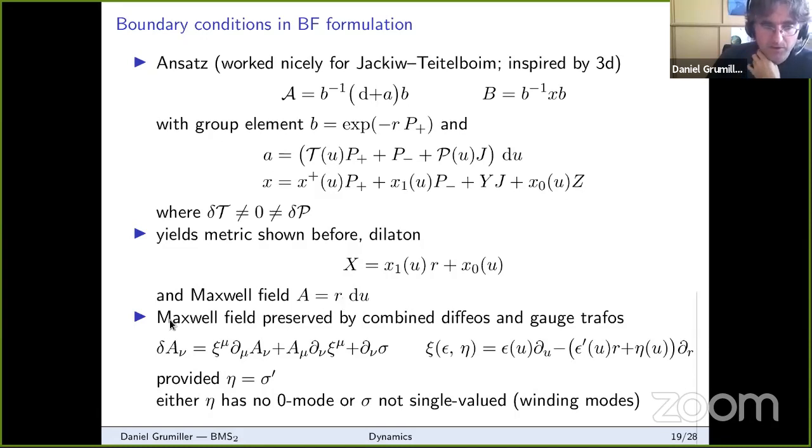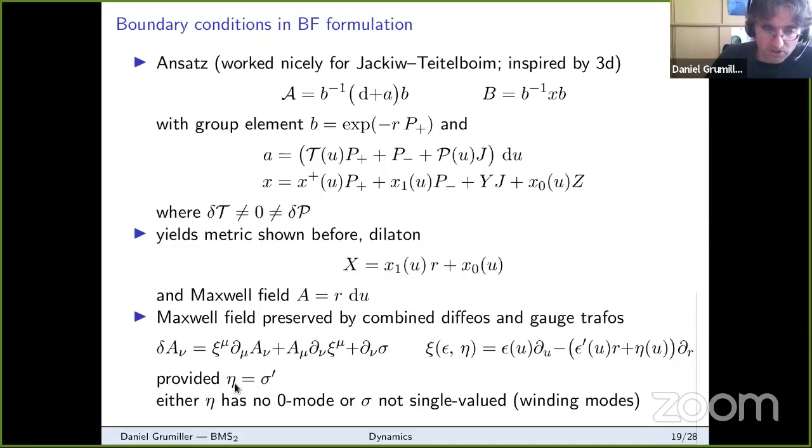So if you combine a diffeo and the gauge transformation, then the Maxwell field transforms as follows, where this is again a reminder of how the asymptotic Killing vectors look like. And it turns out that if you choose this U1 gauge transformation sigma in this way, so that eta is equal to sigma prime, where eta is the function that generated the supertranslations, then this Maxwell field is indeed preserved by these BMS transformations combined with the gauge transformations.